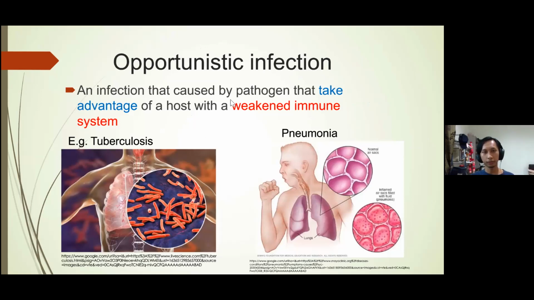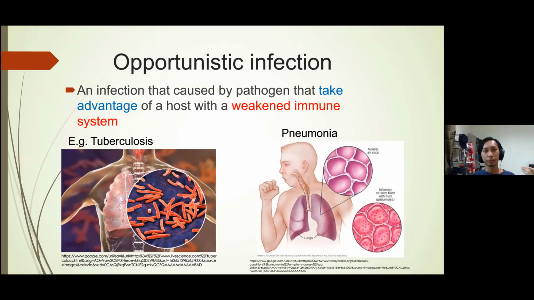What are opportunistic infections? Basically, opportunistic infections are infections caused by pathogens that take advantage of a host with a weakened immune system. These pathogens usually can be fended off by the immune system of a normal healthy human being.